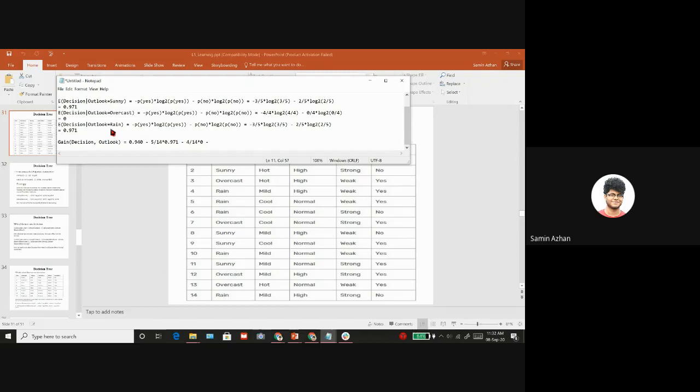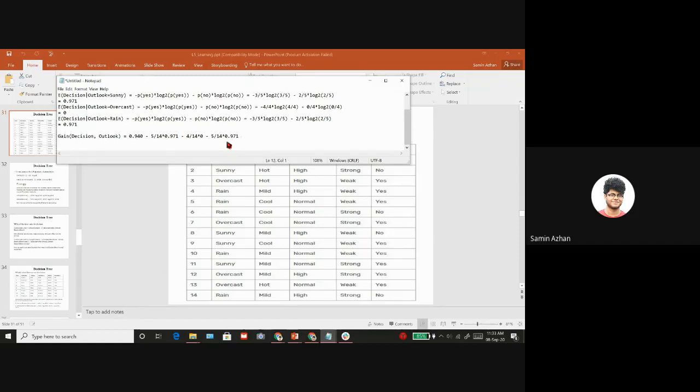And the last one is outlook equal to rain. There are 5 possible rain outlooks. So it should be 5 divided by 14 times the entropy for decision while outlook equals rain, 0.971. Now, if we put that in the calculator, 0.949.